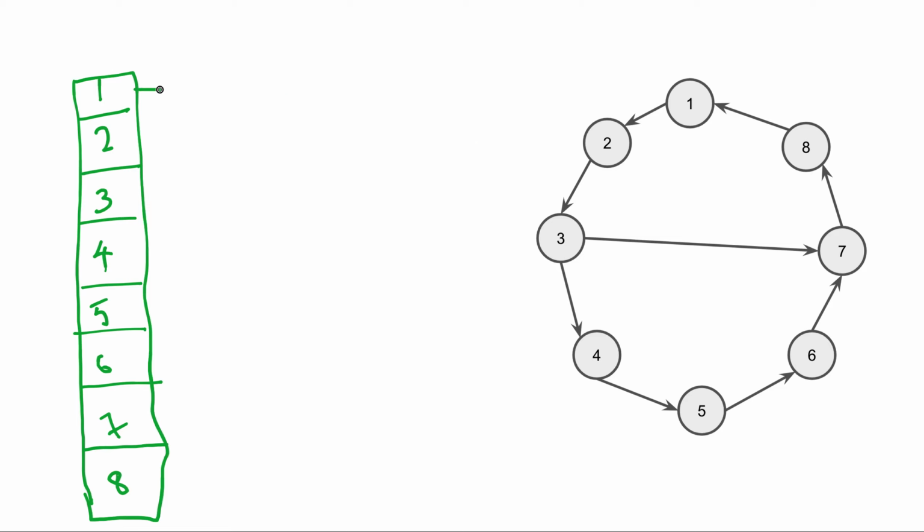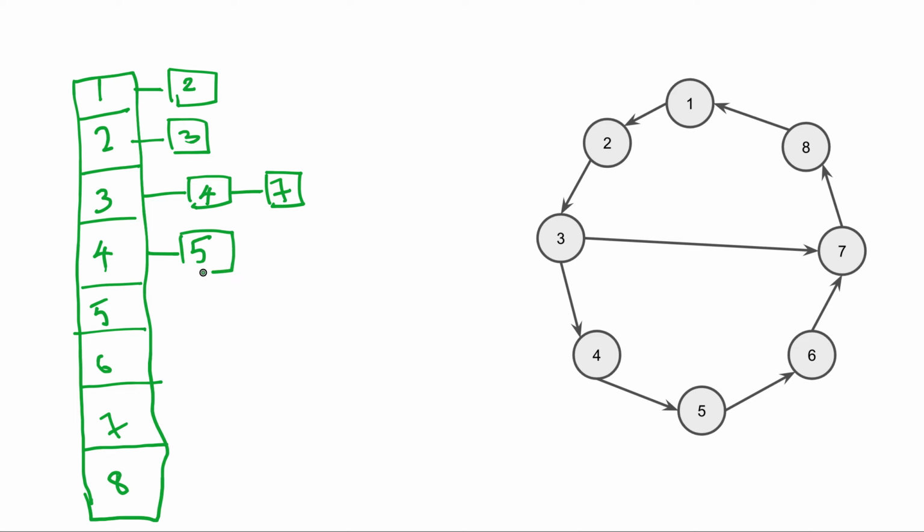So the 1 is connected to 2 alone, so I will have only 2 here, then 2 is connected to 3, and 3 is connected to 4 and 7, then 4 is connected to 5, 5 is connected to 6, 6 is connected to 7, and then 7 to 8, then 8 back to 1.